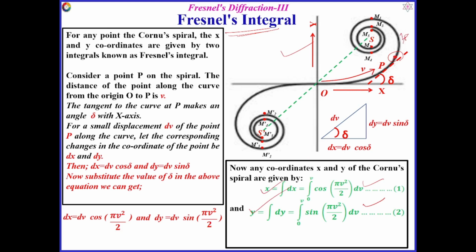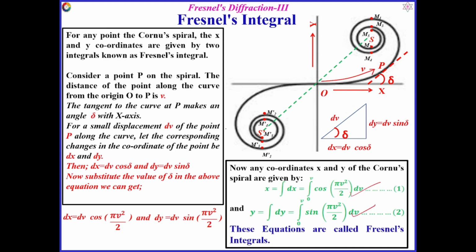In the first quadrant, for the x coordinate we need the integral from 0 to v of cos of pi v square by 2 dv, and for y the integral from 0 to v of sin of pi v square by 2 dv. These two equations, equation number 1 and equation number 2, are called Fresnel's integrals.